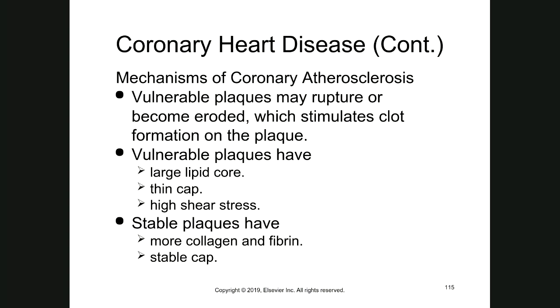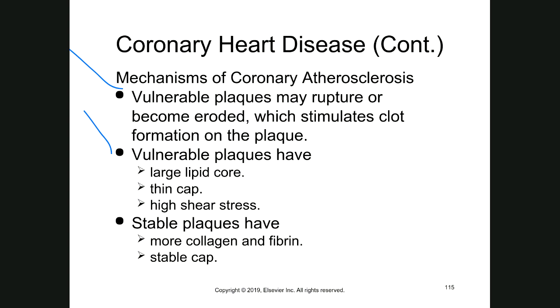In the mechanisms of the coronary atherosclerosis, this is what happens with the plaque. That's why I put this one here. These two are the most interesting things to answer that question in the test, meaning there is a question related to a plaque. Make sure that you review these particular concepts because they will show up in that particular question.